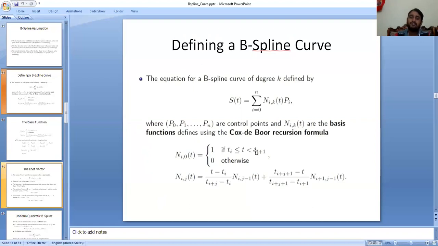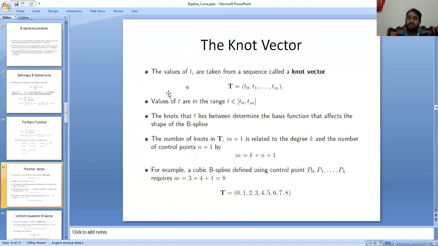Now the question is, what is this t_i? t_i is nothing but the knot vector. The values of t_i are taken from a sequence called the knot vector T, where T is t_0, t_1 up to t_m.